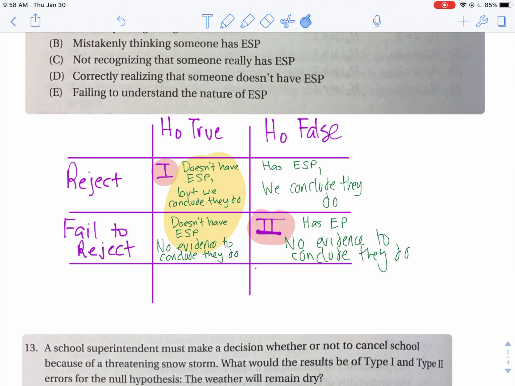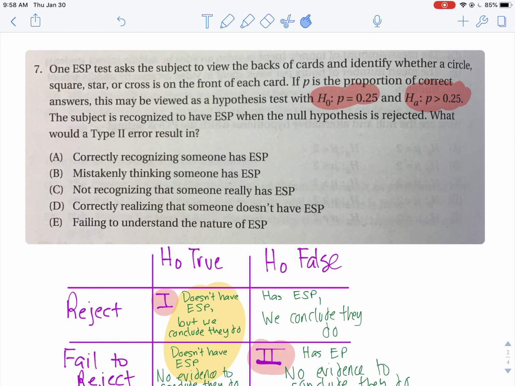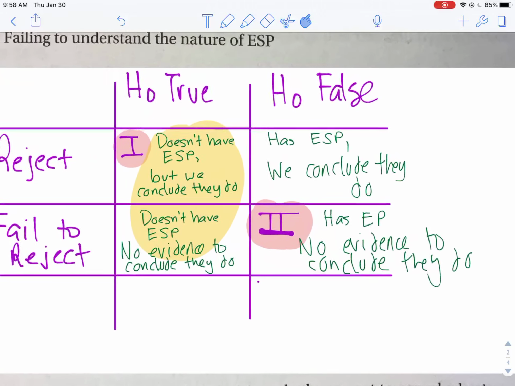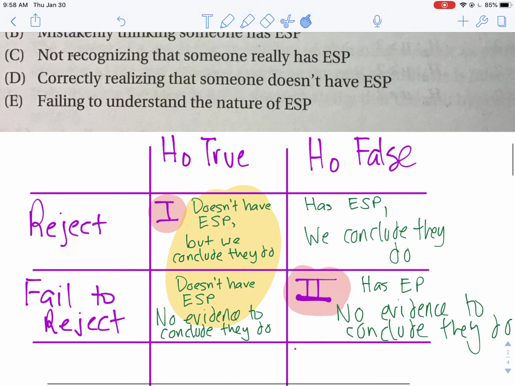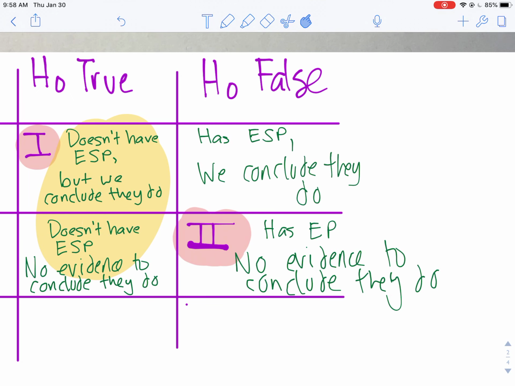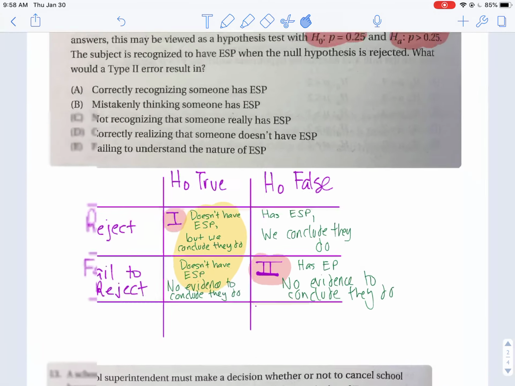All right, so filling in this chart can help me when I have a question like this, when I have to interpret stuff. Because now it's asking me, the subject is recognized to have ESP. Okay, what would a type 2 error result in? So if I look down for my type 2 error, what that means is I failed to reject the null when I should be doing that. So in this case, it would be the person having ESP, but we don't have the evidence to conclude that they do.